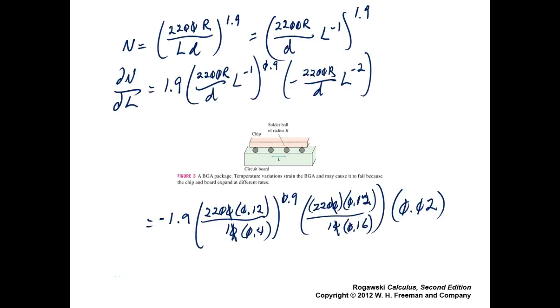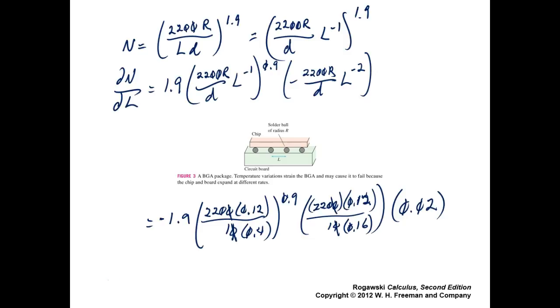Now, there's something there that doesn't sort of make a lot of sense to me. The average number of cycles before the chip fails. What do you mean by negative number of cycles? Does that mean it fails 272 times before you start? I don't know. Oh, no, I'm sorry. This is a change.